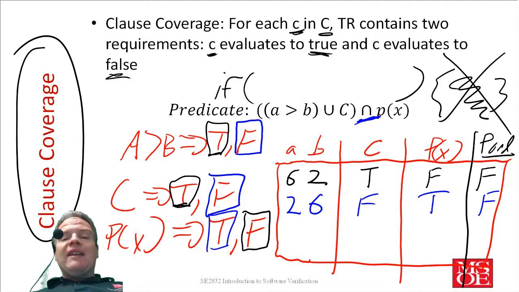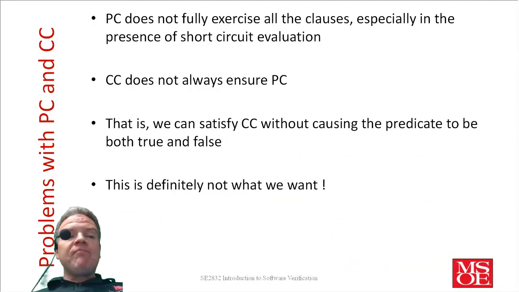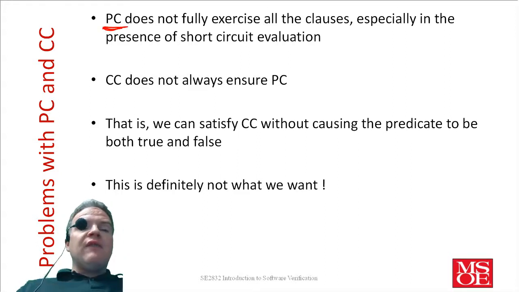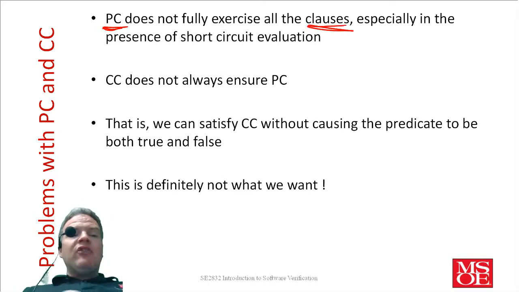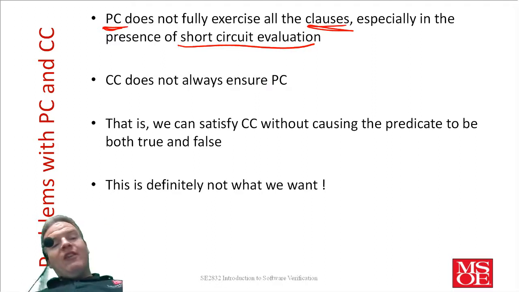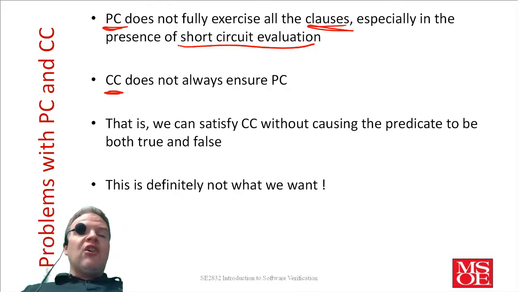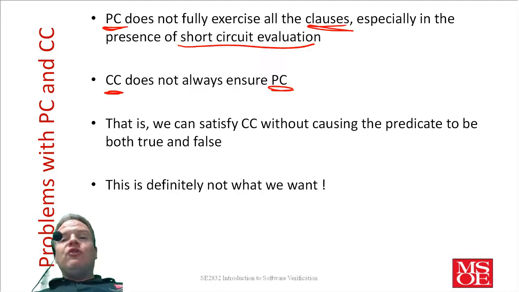So all right, that gives us a challenge. What we find is that predicate coverage does not necessarily fully exercise all the clauses, especially if we have short-circuit evaluation. Clause coverage, as we just saw, does not necessarily ensure that we have predicate coverage, which is not good.